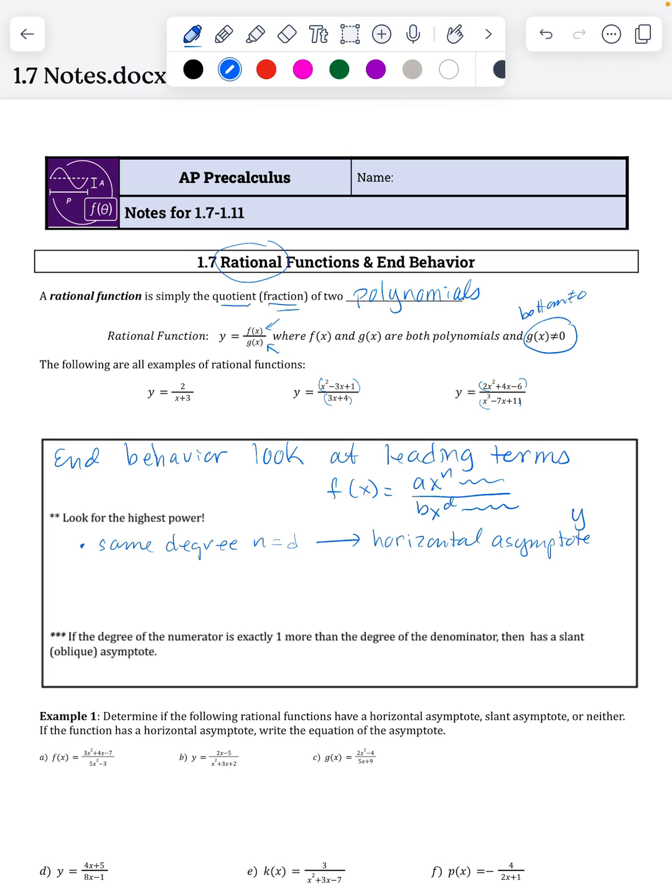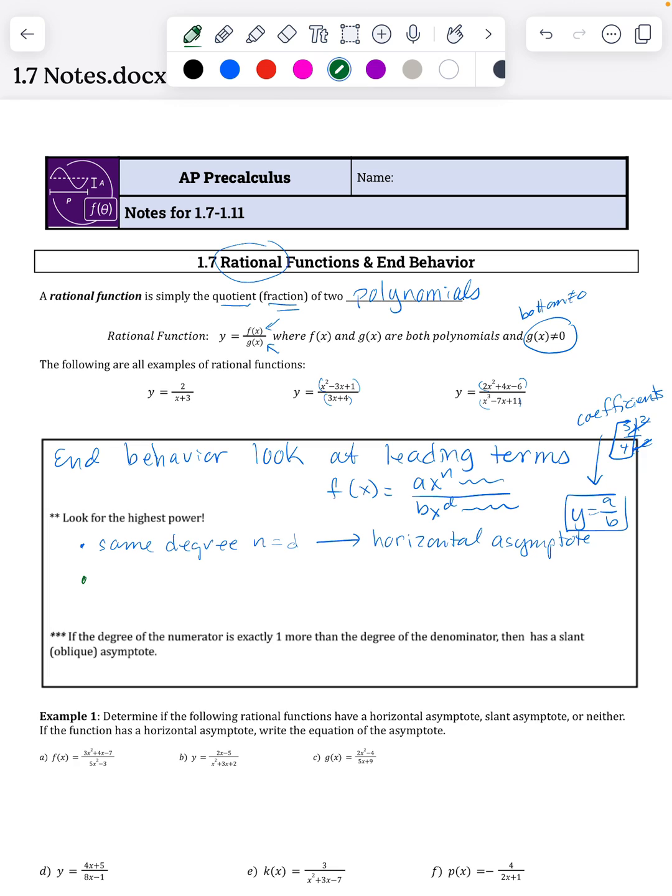It's going to be located at y equals a over b, and a and b are the coefficients. That would be like if you had 3x squared over 4x squared. Essentially, the x squareds cancel one another out, and my horizontal asymptote would be located at y equals 3/4.